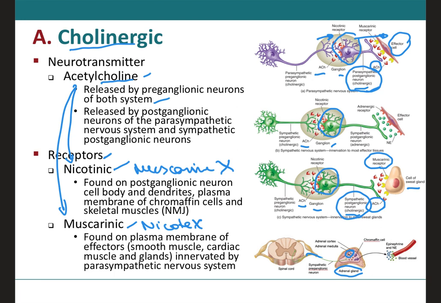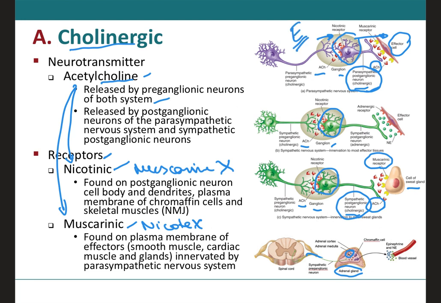So nicotinic receptors will usually trigger this rapid neuronal and neuromuscular transmission, because remember that nicotinic receptors are also present in skeletal muscle. This is the response that you get when acetylcholine binds to nicotinic receptors. So it's going to be an excitatory response.